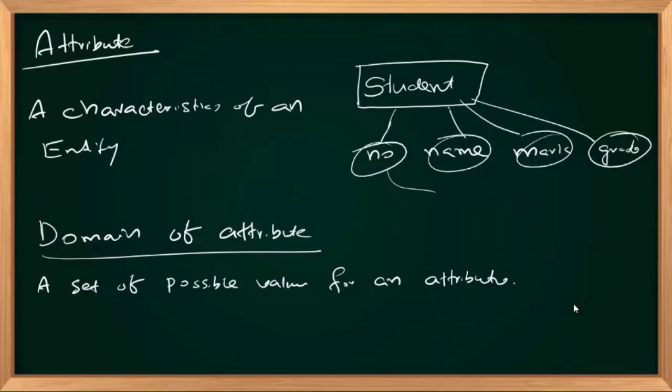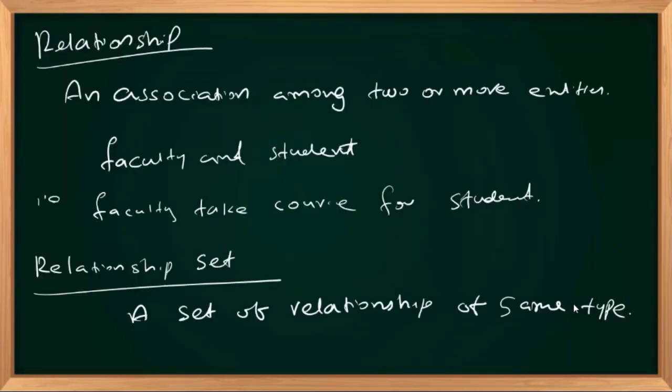And what is a relation? Relation here means an association or connection between entities. An association among two or more entities is the relation. For example, faculty is an entity, students is an entity. What is the relation between them?